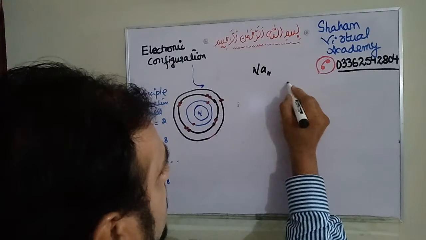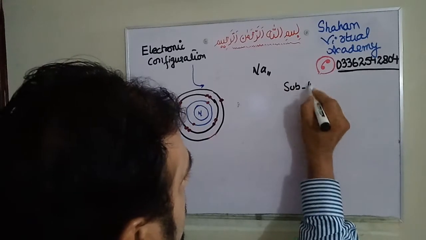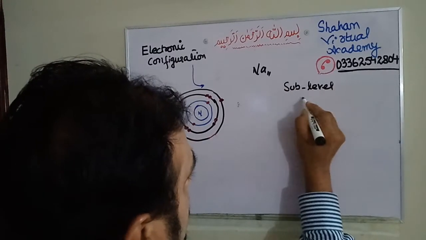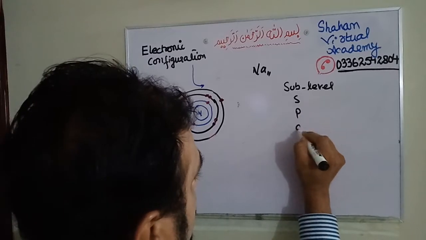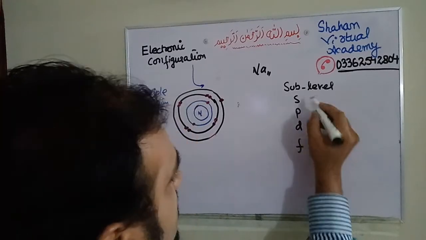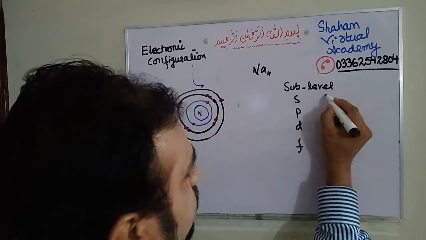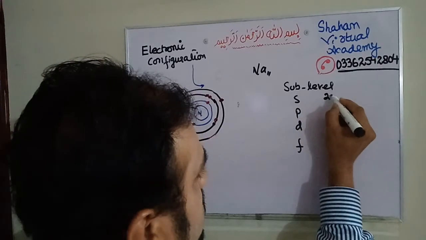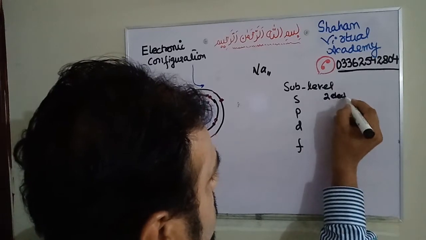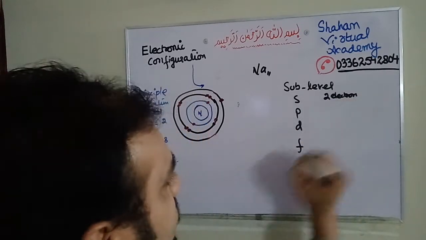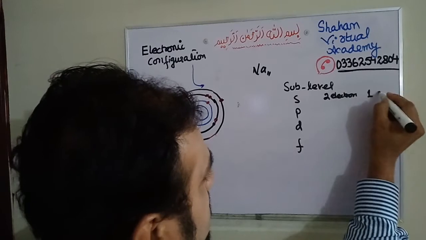There are 4 types of sublevels: S, P, D, and F. S has a capacity to fill 2 electrons, while it has 1 orbital.